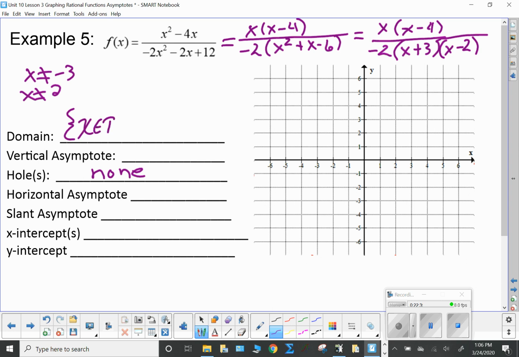So my domain is x is an element of real numbers such that x does not equal negative 3, x does not equal 2. My vertical asymptotes: nothing cancels, so my vertical asymptotes occur at x equals negative 3 and at x equals 2. I go in and I can draw in my vertical asymptotes, and at 2.